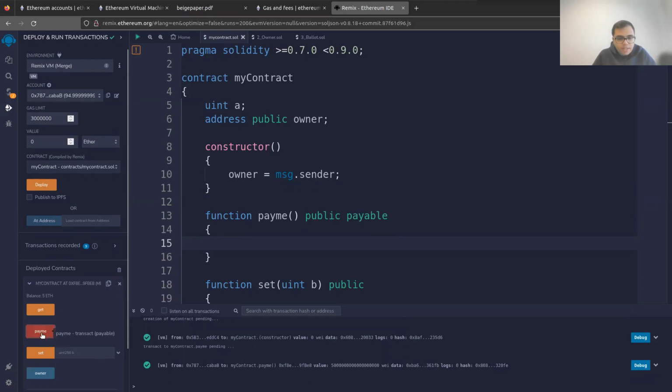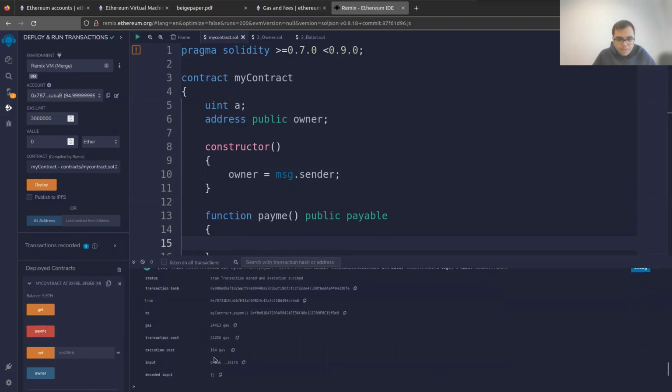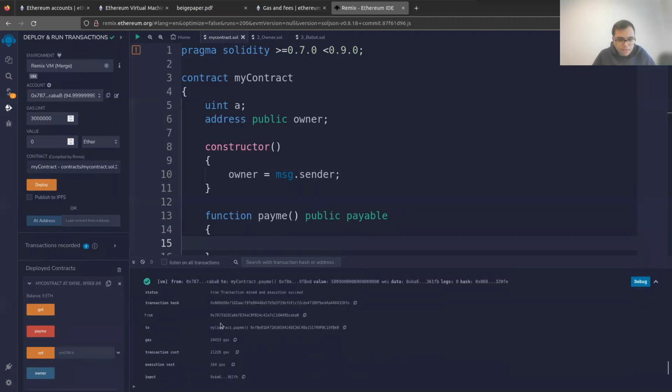So now several things happened. First of all, this was a transaction, of course. So it called this function, and this transaction was mined as usual. It used some gas and so on. You can see the log here. But importantly, it took 5 Ether from the account that was calling it and gave that to the contract.